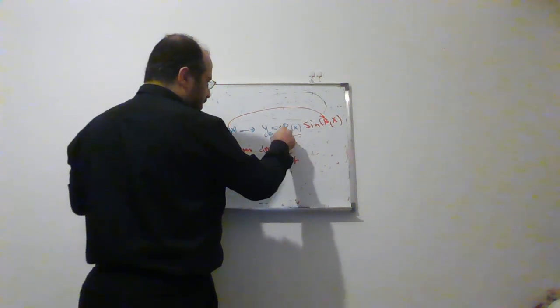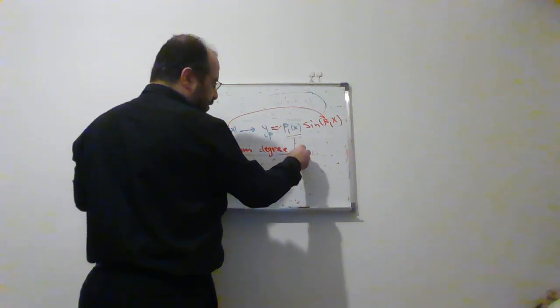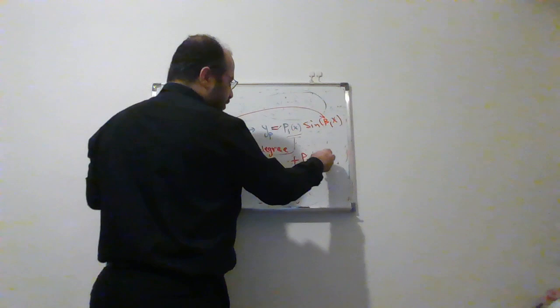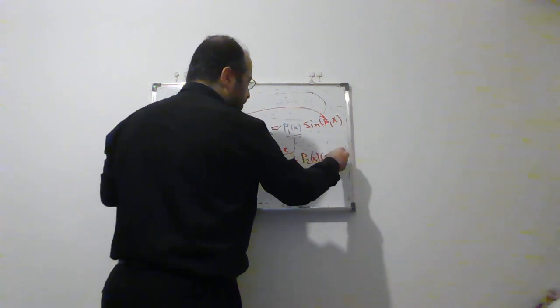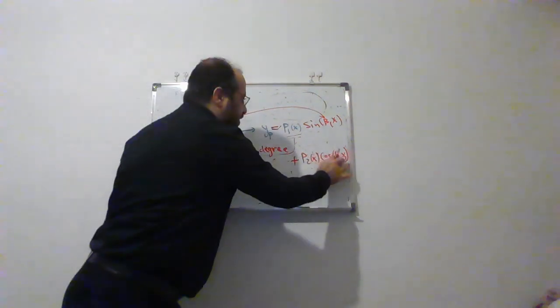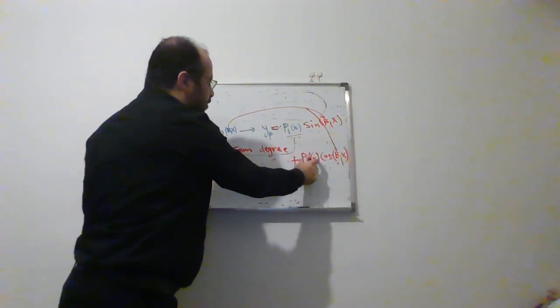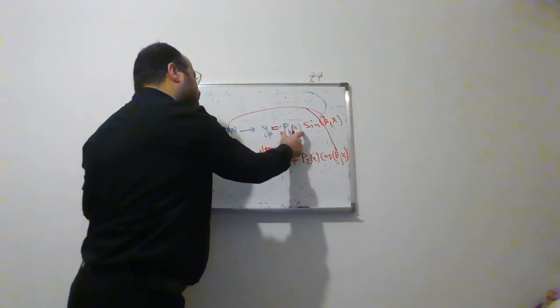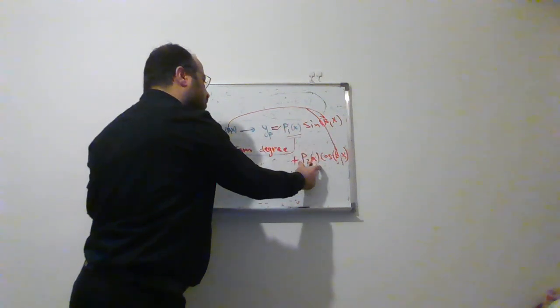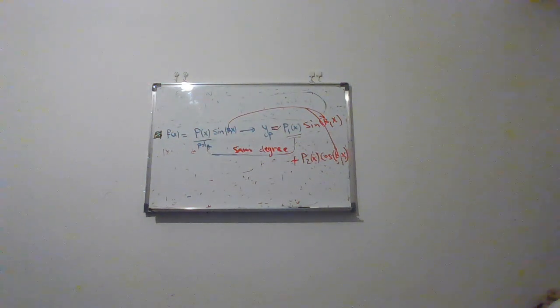So y particular equal this plus p2 of x cosine beta 1x. Sorry, beta 1. You don't change the beta. The beta is the same beta, but you need to give a polynomial as a coefficient of sine and a polynomial as the coefficient of cosine. Let me show you an example for this.